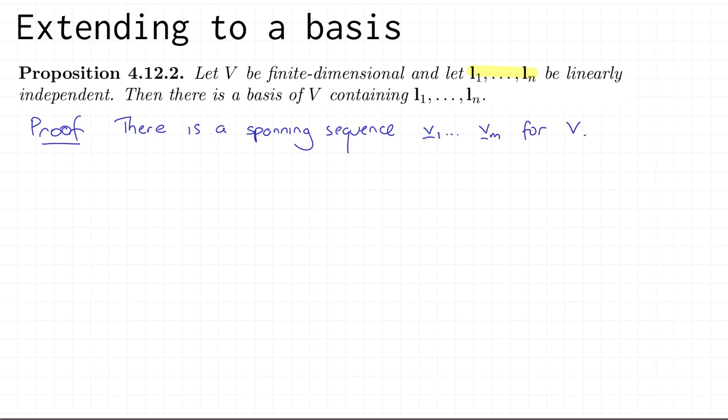And the way we're going to build our linearly independent sequence containing L1 up to Ln is by starting with L1 up to Ln and then adding in some of these vectors V1, V2, V3 and so on. So we're going to form a new sequence.